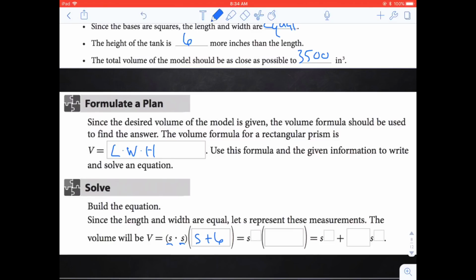And as we simplify this down, we get S times S is S squared, and then we still have S plus 6. Then we're going to distribute. So S squared times S is S cubed, and then S squared times 6 is 6S squared.